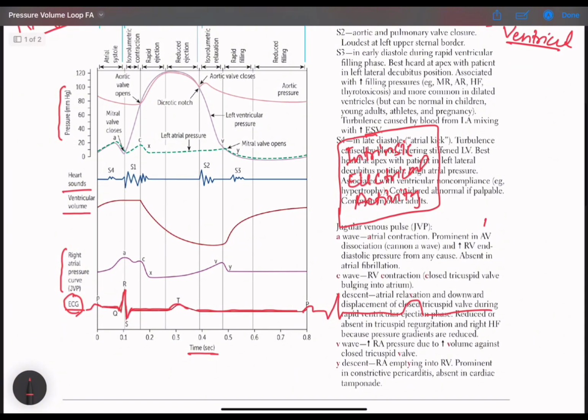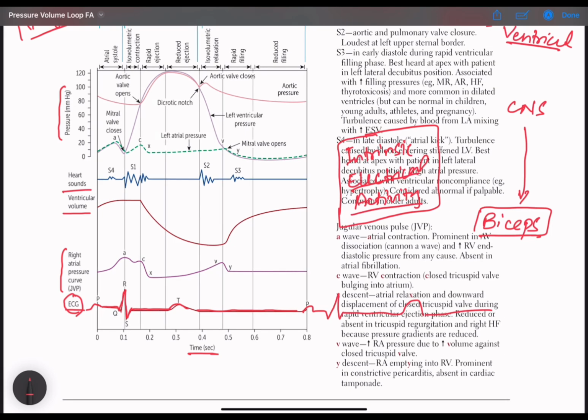For instance, a bicep needs a stimulus from the CNS to contract, while on the other hand, the heart doesn't need a stimulus from CNS. It has its own electrical activity generation capability, which gives it a stimulus to contract.